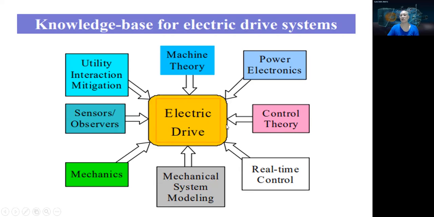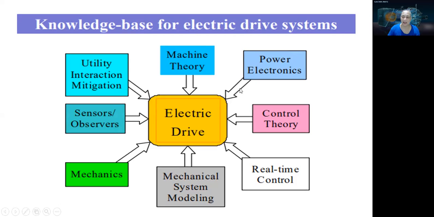Even the control will depend upon the type of motors we are using. Then power electronics, the supply of the electricity: is it AC? Is it DC? Or is it DC to AC?